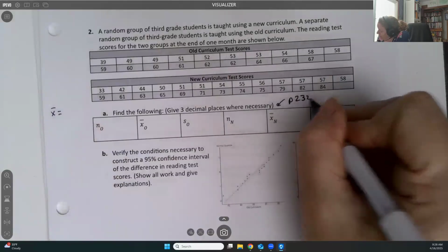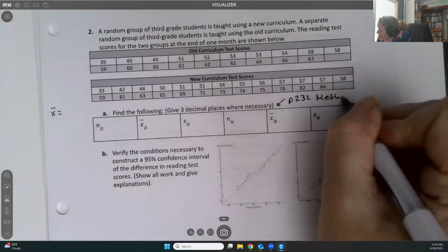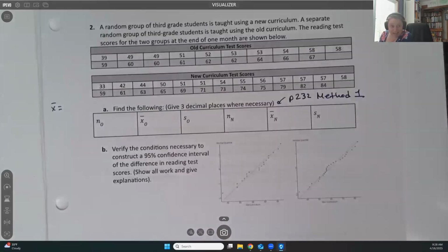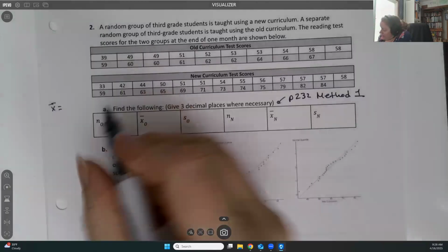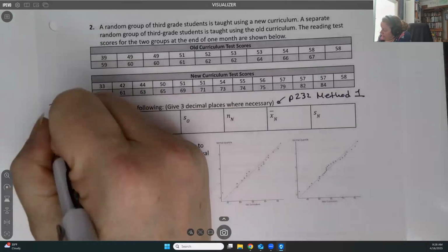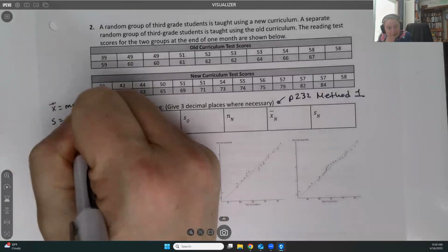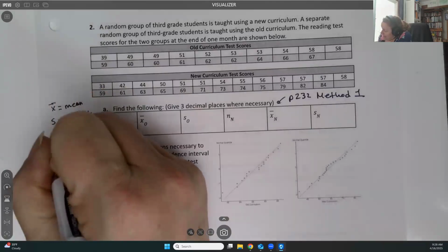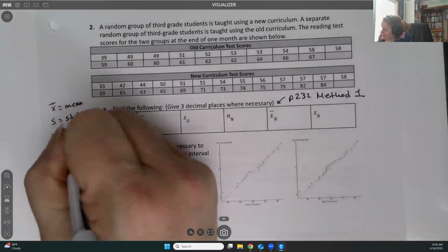Page 232, method 1. It's the summary stat columns. X bar is what? When you have a bar on your head, it's the mean, right? So X bar is the mean. S is the standard deviation, right? What Owen just wrote. And then N is the size.